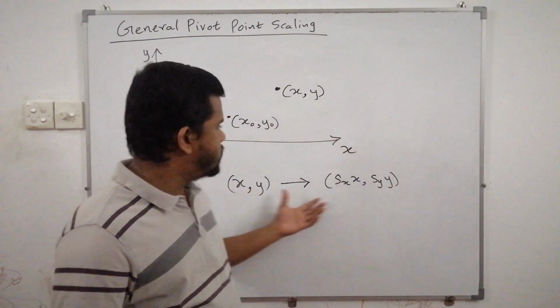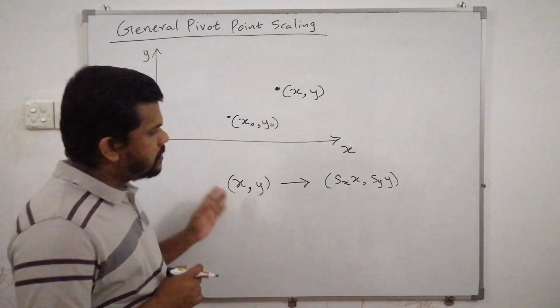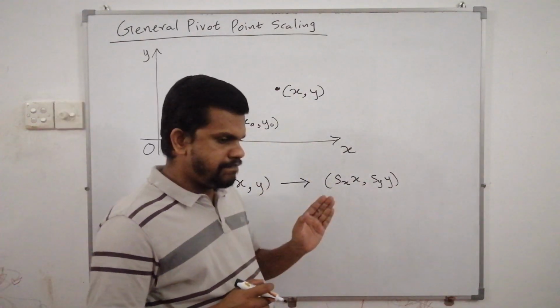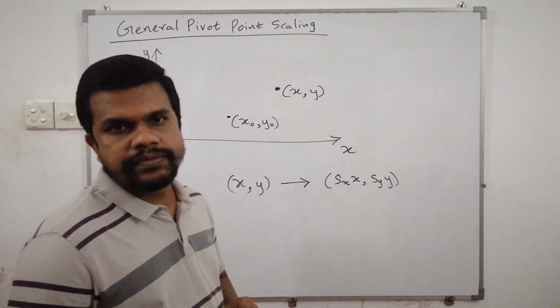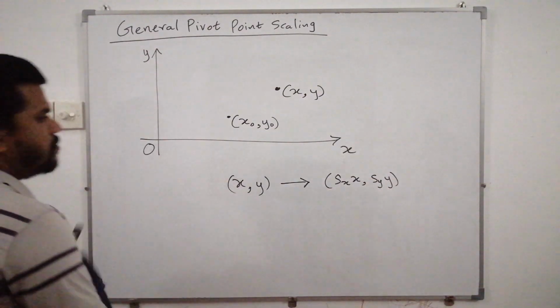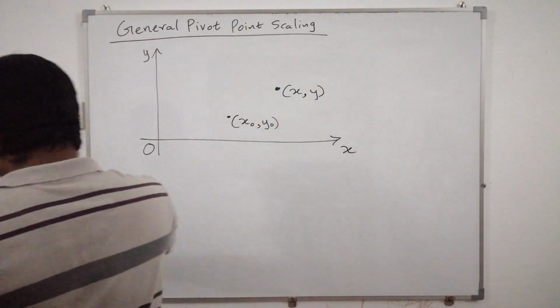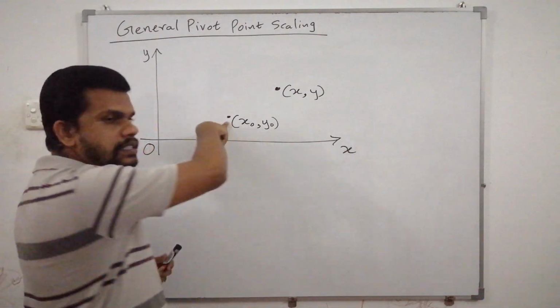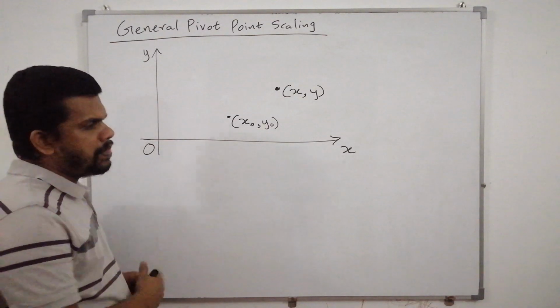So the scaling we have already discussed is relative to the origin. Here what we are going to do is scale with respect to a pivot point. This is our pivot point.